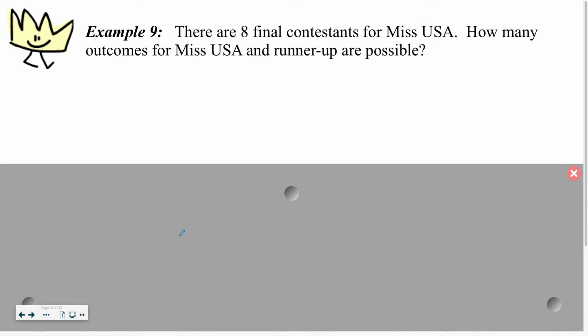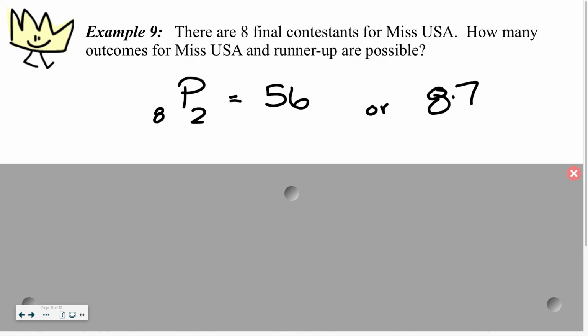Well, there are 8 contestants, but we really only care about 2 of them. And does order matter when you're finishing Miss USA? Yes, you want to be Miss USA. You want to be crowned at the end, right? So order matters, and it's going to be a permutation of 8 people picked 2 at a time, which in your calculator is 56. What if you thought about it as 8 ways for me to pick Miss USA and then 7 ways for me to pick the runner-up? Yep, same answer.